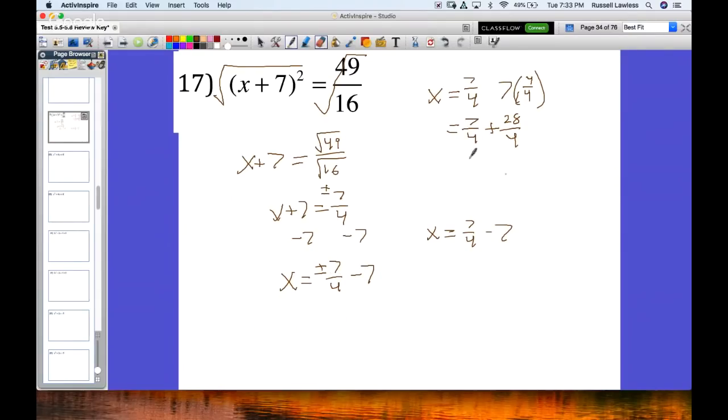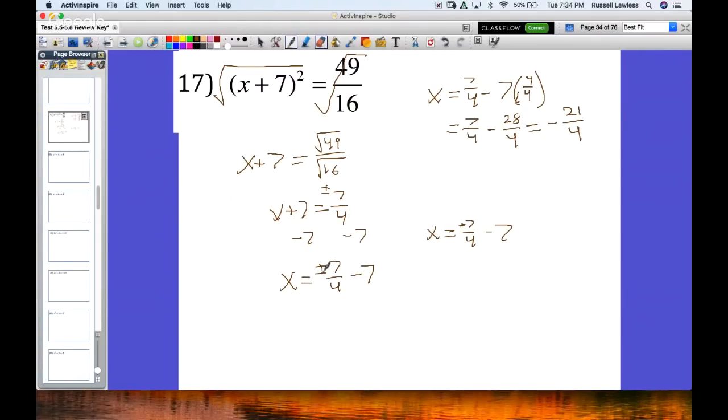So I need to, this is where I messed up. This should be positive here. I'm going to leave that positive. This should be negative. So I didn't really mess up, just a little mishap. And so this should be a minus. So then now we have 7 over 4 minus 28 over 4. So then that would give me negative 21/4.